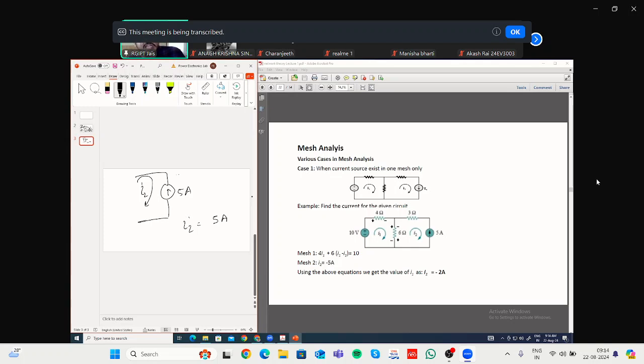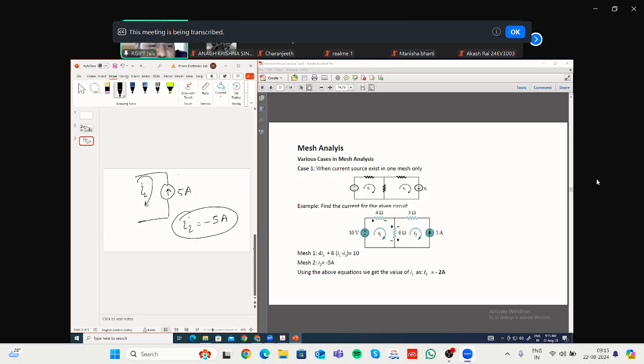So I2 should be equal to 5 ampere, but the direction you considered is opposite to that shown in the independent current source. That's why the negative sign will be there, because your assumption of the direction of I2 was wrong. It is not wrong, but it is being corrected by analysis. So I2 will always be 5 ampere.